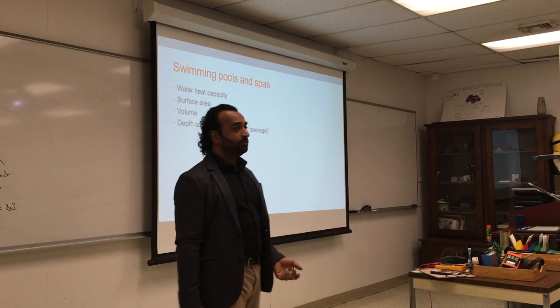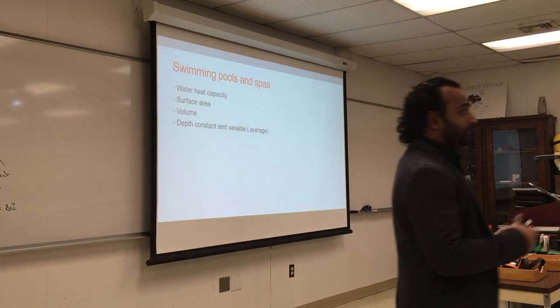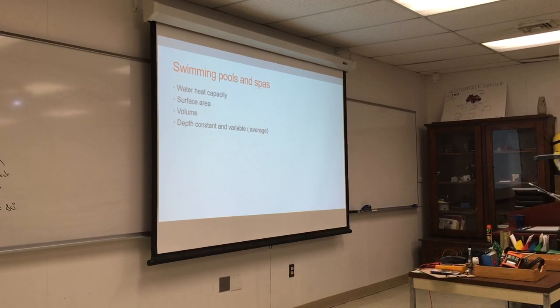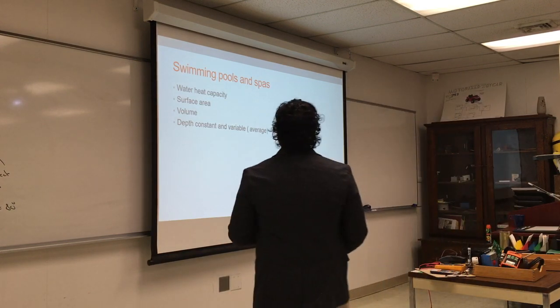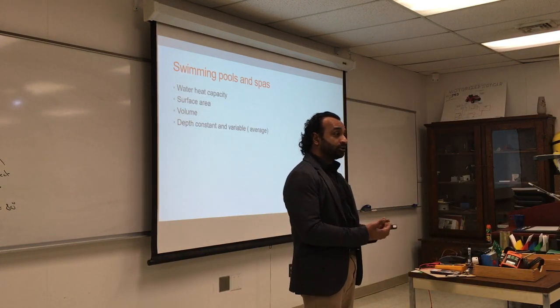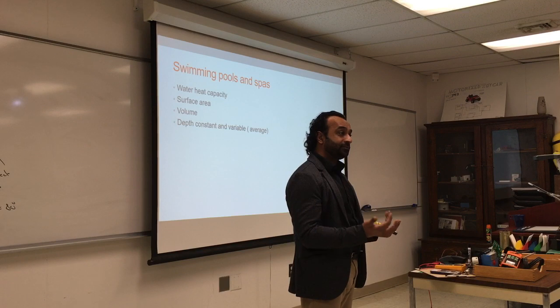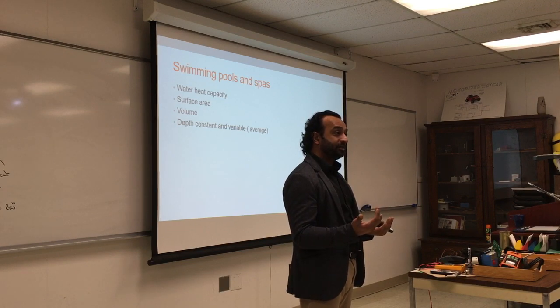The bigger the pool, the more surface area you have, the more you will lose from the top. And that affects how much heat you lose from the surface, and you have to compensate for that while you're trying to heat the pool. So you're losing heat while you're adding heat at the same time. We're assuming also in those pools that the walls are insulated, relatively speaking.